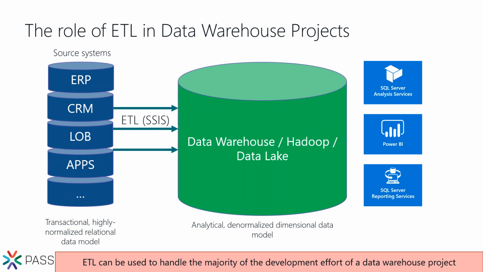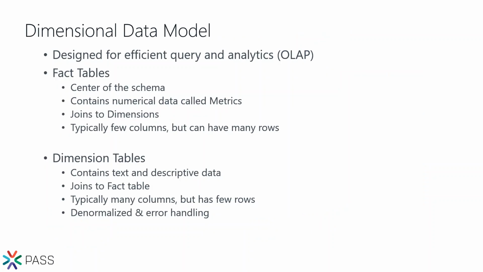Compared to your source system, the data warehouse data is typically very analytic and denormalized, based on the dimensional data model that we're going to cover a little bit later. The dimensional data model is designed for efficient query and analytics.